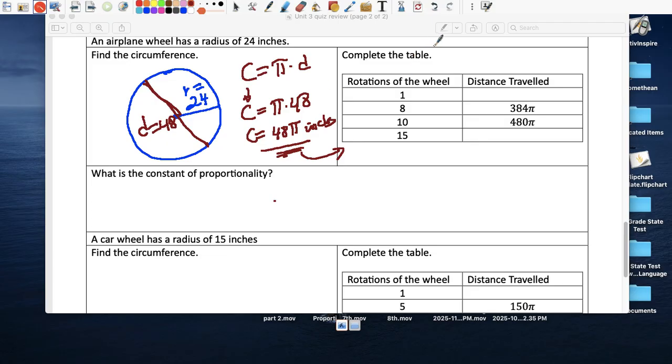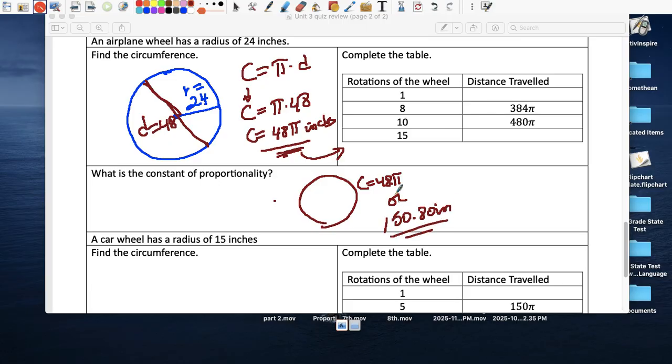Okay, we're going to use this information. So the circumference of this circle is 48 pi inches. If you took a walk around that wheel, C would be 48 pi. Or just for you to think about it, 48 times pi would be 150.80 inches.